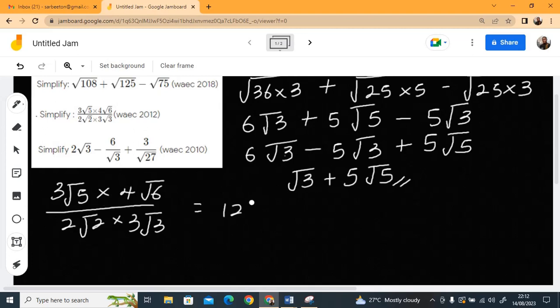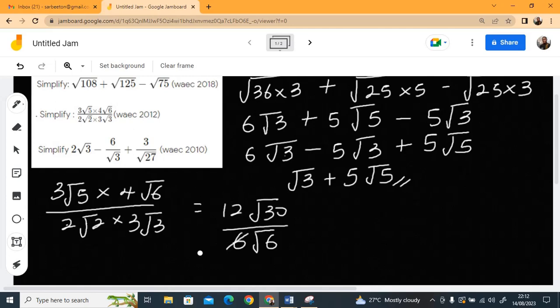Root 5 times root 6 will give us root 30, you know that. All over 2 times 3, which is 6. Root 2 times root 3 will give us root 6. Now there are two ways you can do this. You can rationalize, but the fastest way, if it's an objective question, is to avoid stress, because your answer will be among the options given.